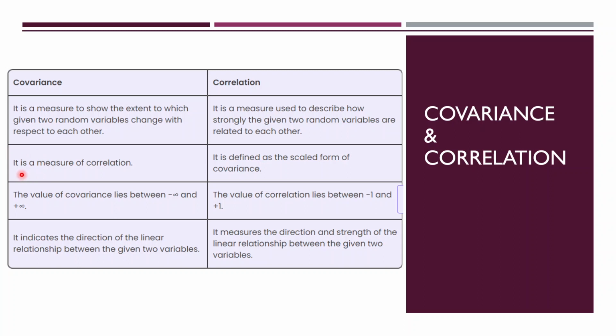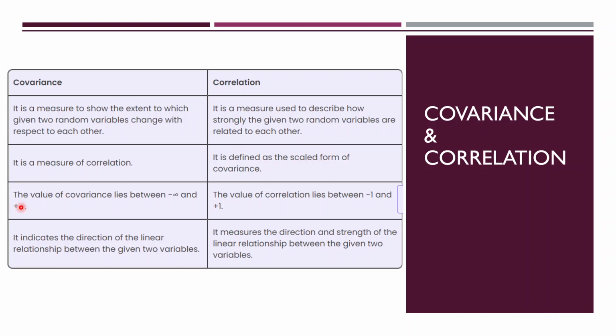Correlation is defined as the scaled form of covariance. Scale comes from scalar, like vector and scalar in physics, where scale is magnitude and vector is direction and magnitude.